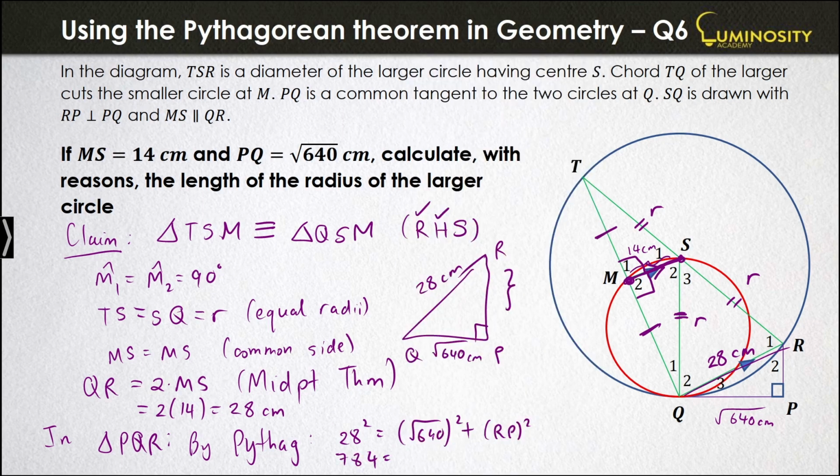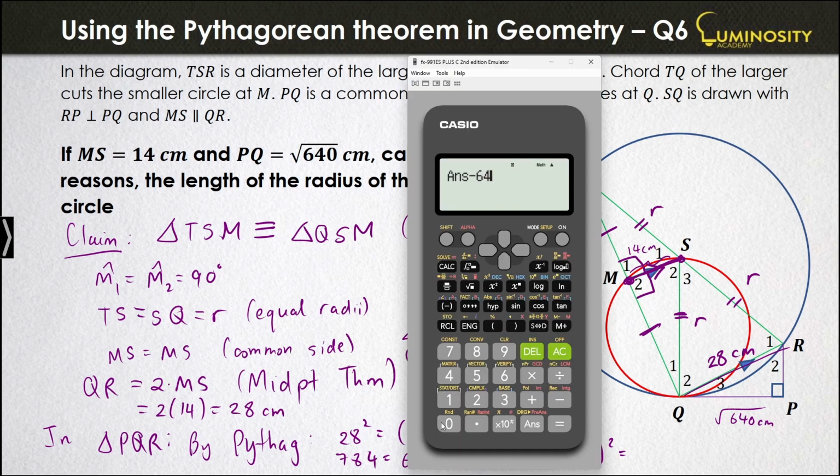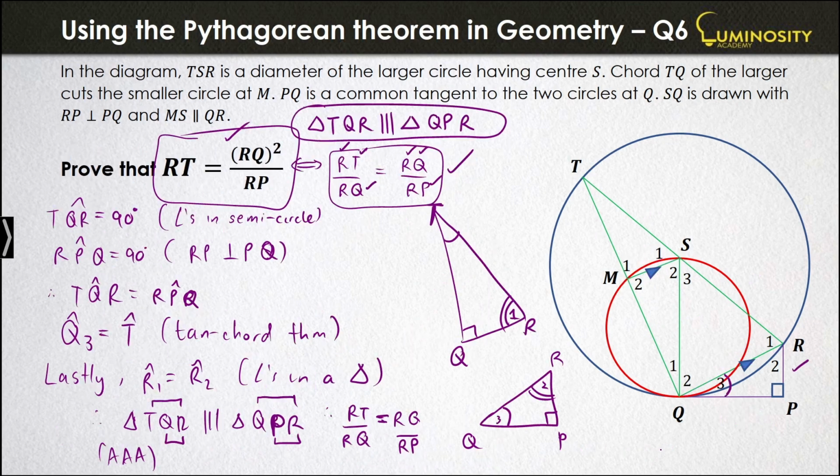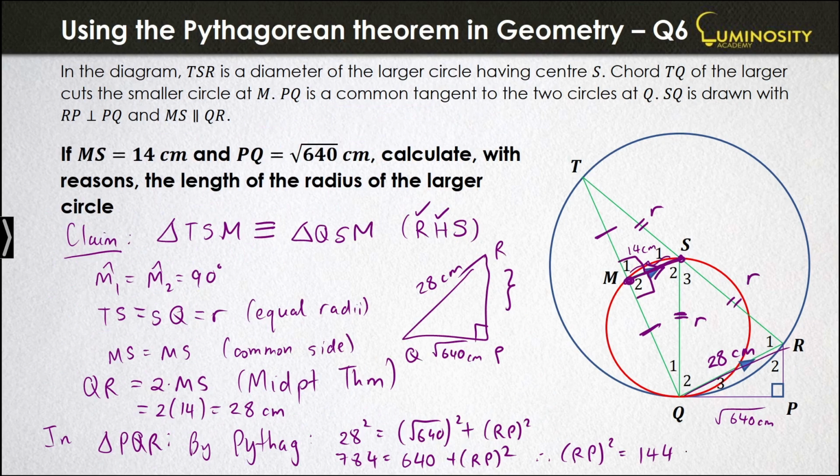And then square root of 640 all squared is just 640 again, plus RP squared. So therefore RP squared equals 784 minus 640. That gives you 144. All right, so if I square root both sides, I get RP equals positive 12 centimeters, because again, it's a length. So it makes sense to take the positive square root.